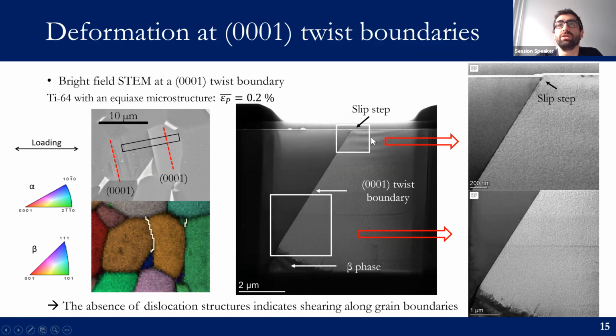Magnification of this region is shown here, and the presence of a slip step confirms the occurrence of localized strain at this 0001 twist boundary. But careful examination of the thin foil reveals the absence of dislocation structures nearby the boundary, suggesting that shearing actually occurred along this planar 0001 twist boundary.